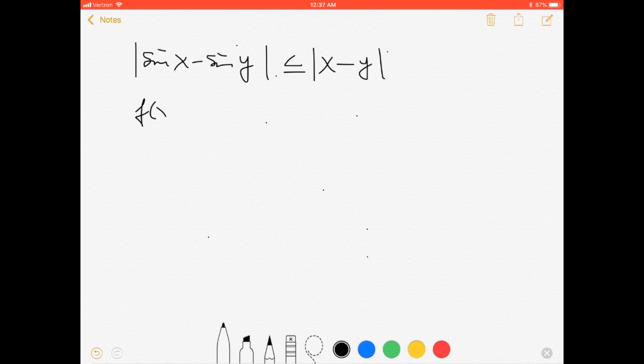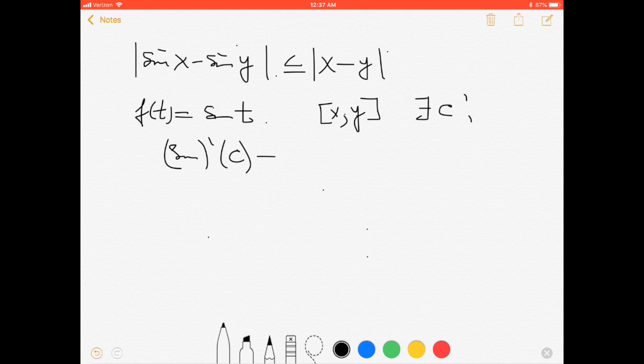Let our function f(t) be sine t. Then for any interval x, y there exists a point c such that the derivative at point c equals sine y minus sine x divided by y minus x.